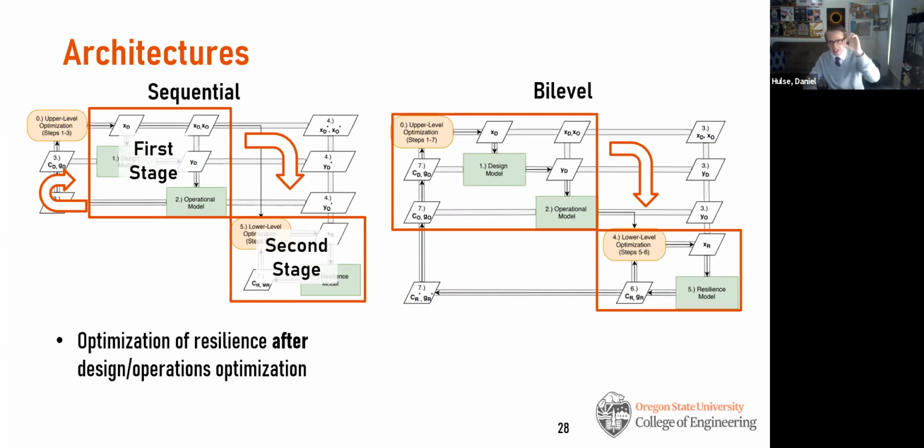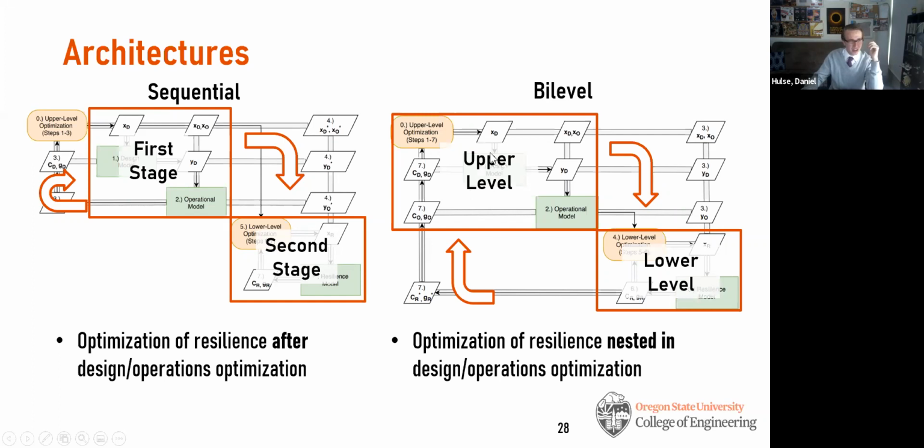And then at each instance of upper level design and operational variables, there is a lower level optimization of the resilience variables for that design and operational policy. And so, we can call this an upper level and lower level. And in this case, the optimization of resilience is actually nested inside the design and operations optimization.